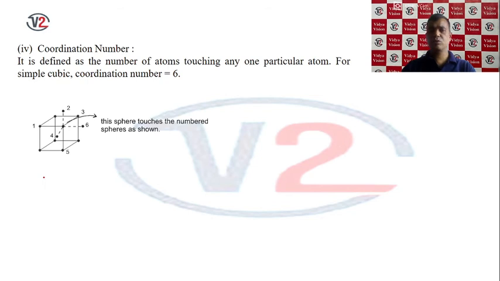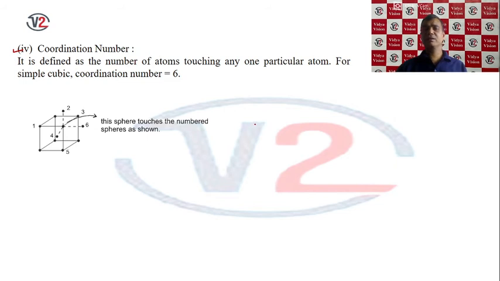Now the next topic, that is the coordination number in the simple cubic arrangement. So what is the coordination number? Actually, the coordination number of a particle is the number of particles which are directly attached to that particular particle. Is it clear?